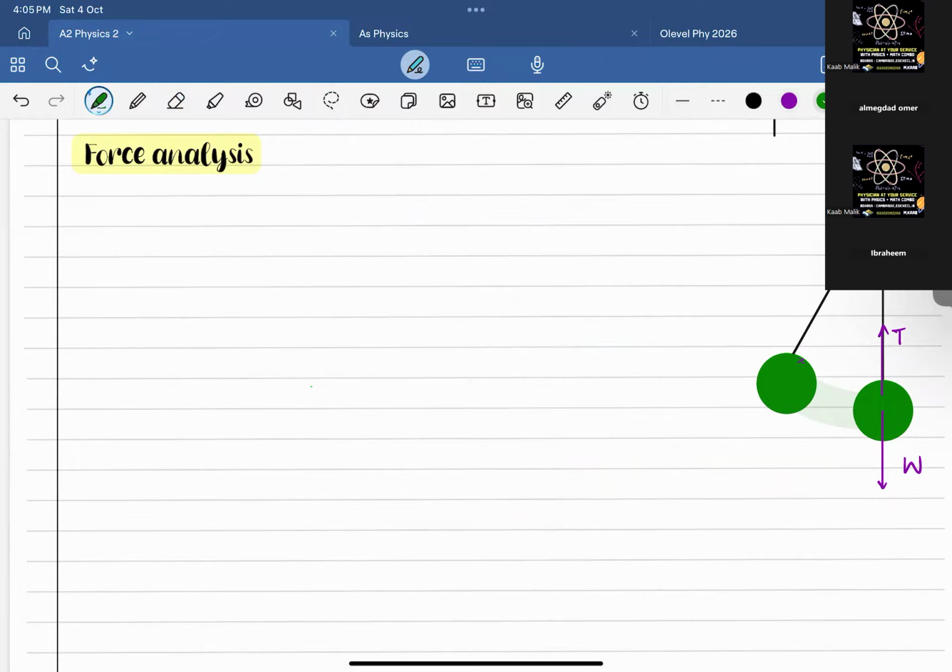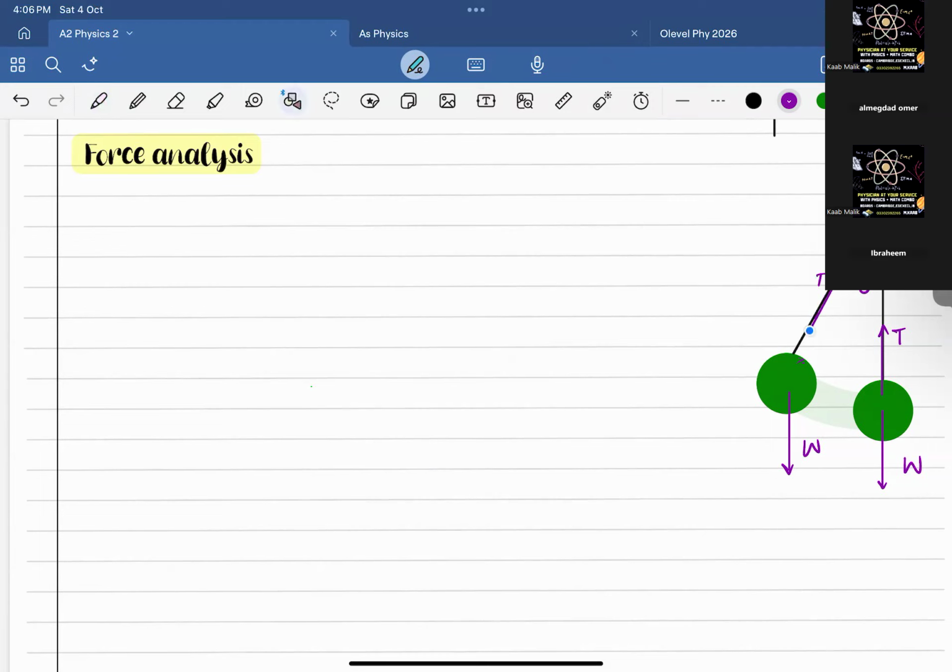If I have this side having the angle theta, and I try to make the forces, this is going to be the weight, which is constant, right? But the tension now will be in this direction, T.